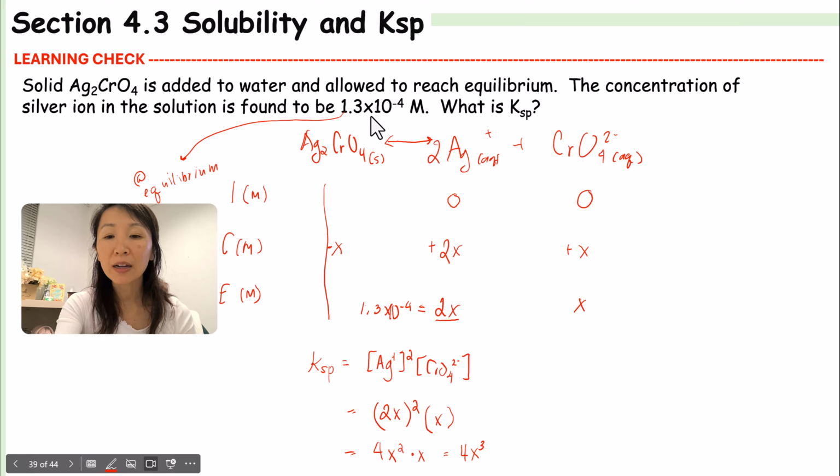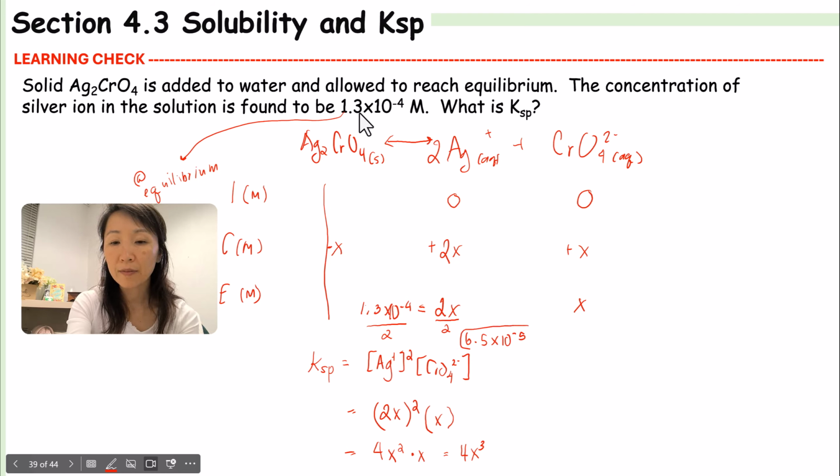All right, so we'll go ahead and solve this out for x. We divide both sides by 2, and that's because we want to look for x. And when we punch it into the calculator, you'll find that it is 6.5 times 10 to the negative 5, and that is going to equal x.